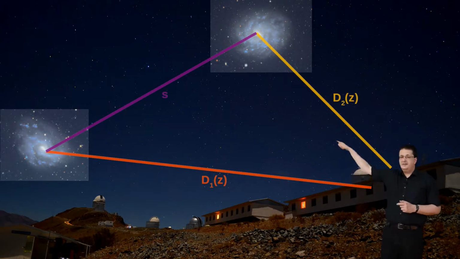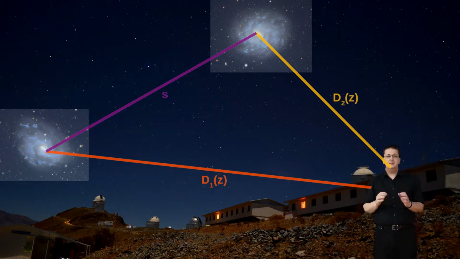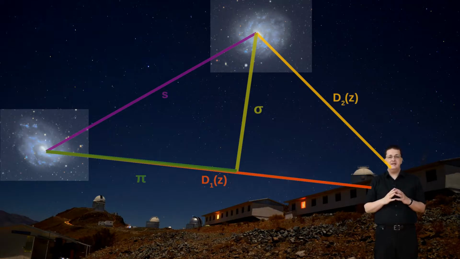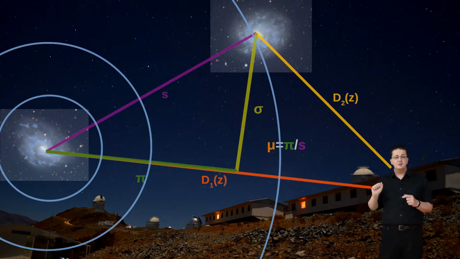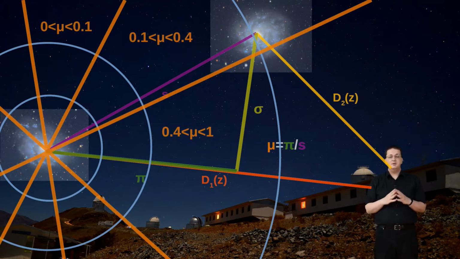The vector connecting them can be separated into a transverse component sigma and a radial component pi. We call this ratio between the radial component and the separation s, mu. Instead of measuring the correlation function just in spherical shells, as usual, we additionally split them into wedges corresponding to intervals in mu.